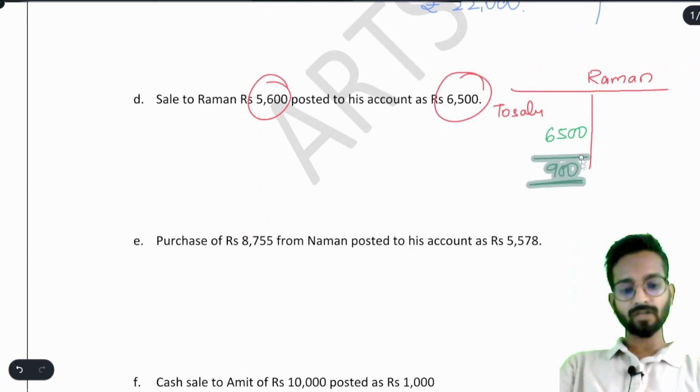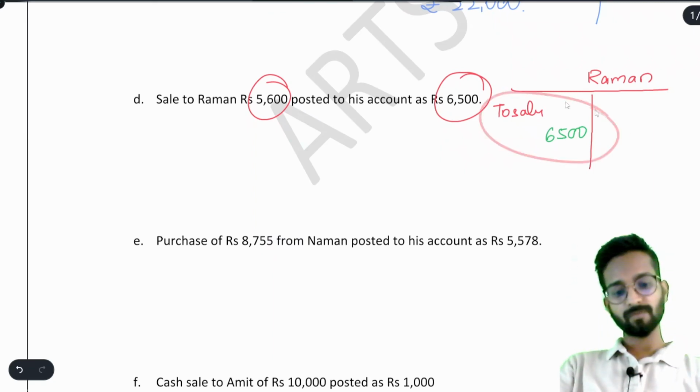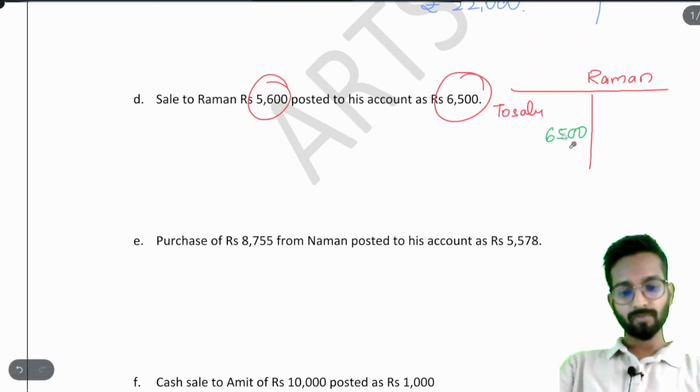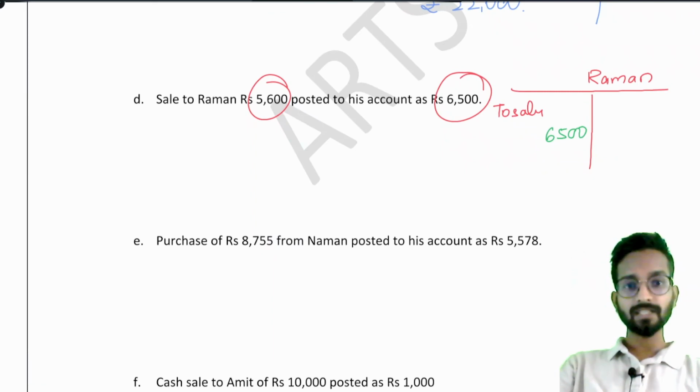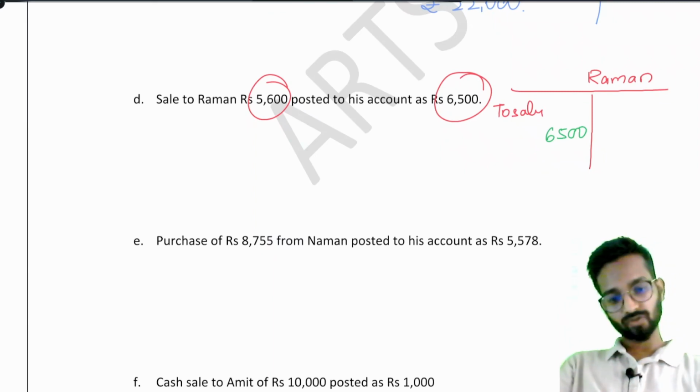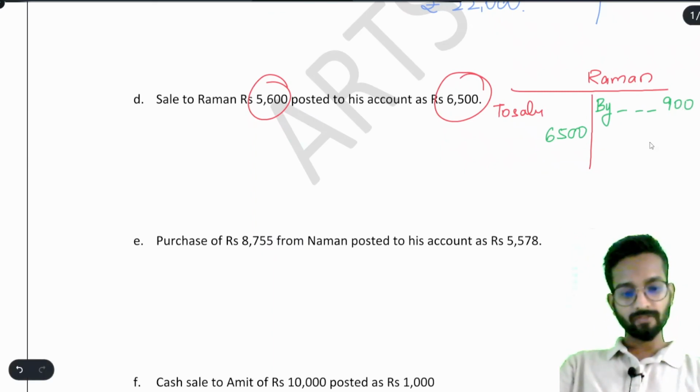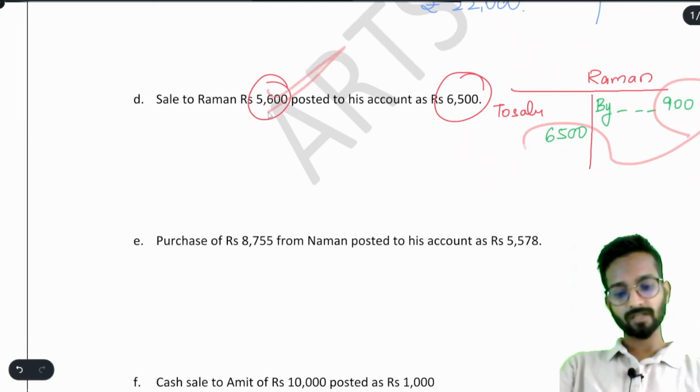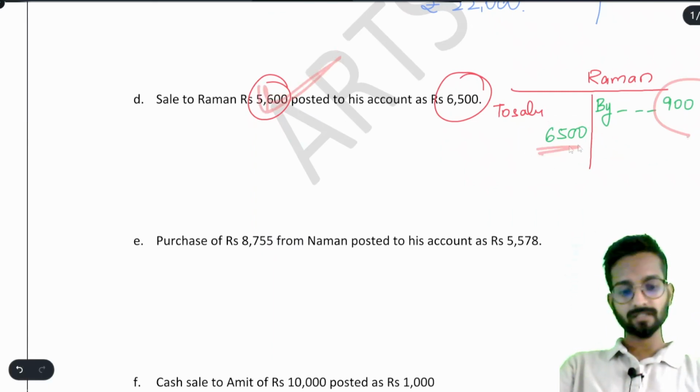I cannot erase that 6,500. That is impossible. We cannot do that. This entry has been passed to sales 6,500, but I want here only 5,600. What should I do? Sir, write on the credit side. Why? Because it will nullify the effect. That is what rectification means, to nullify the error. So I will write here "by" 900 rupees, so that the effect will be 6,500 debit minus this 900 credit. So 5,600 will be our debit side's total.